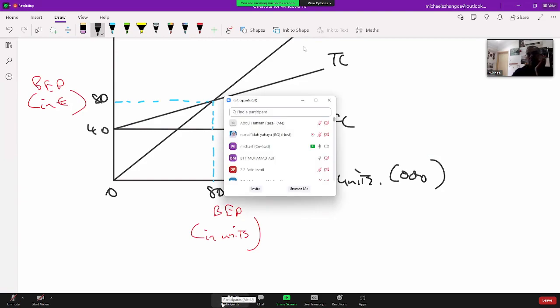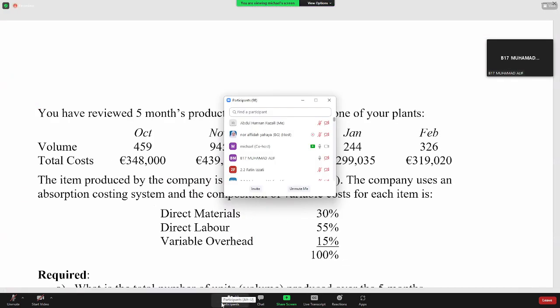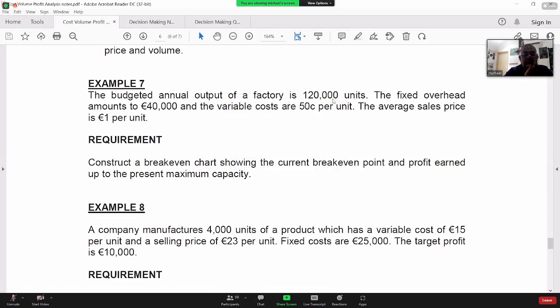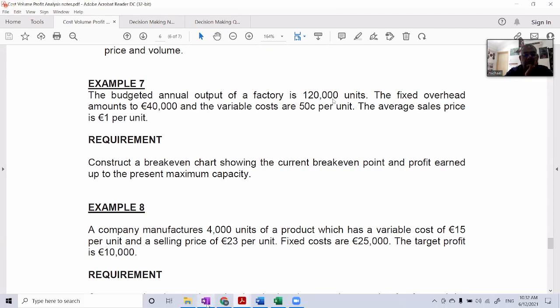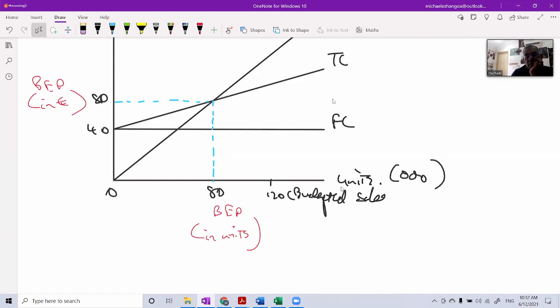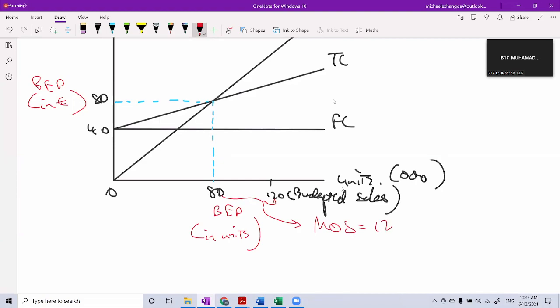Now, you expect to sell how many units? 120,000 units. So somewhere here is 120,000 units. This is budgeted sales. So 80 to 120 is your margin of safety.